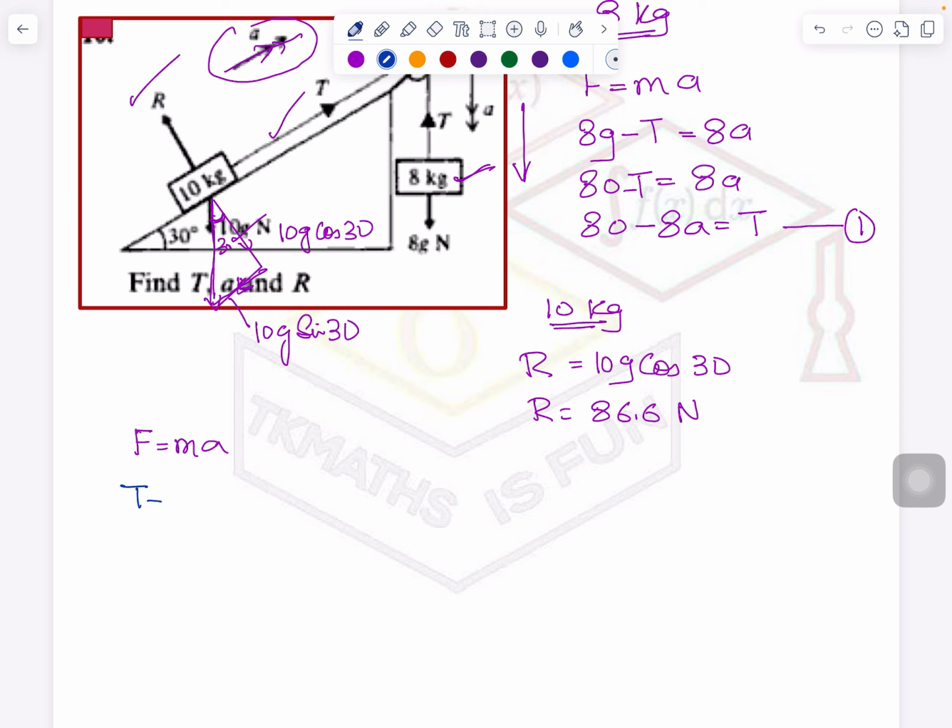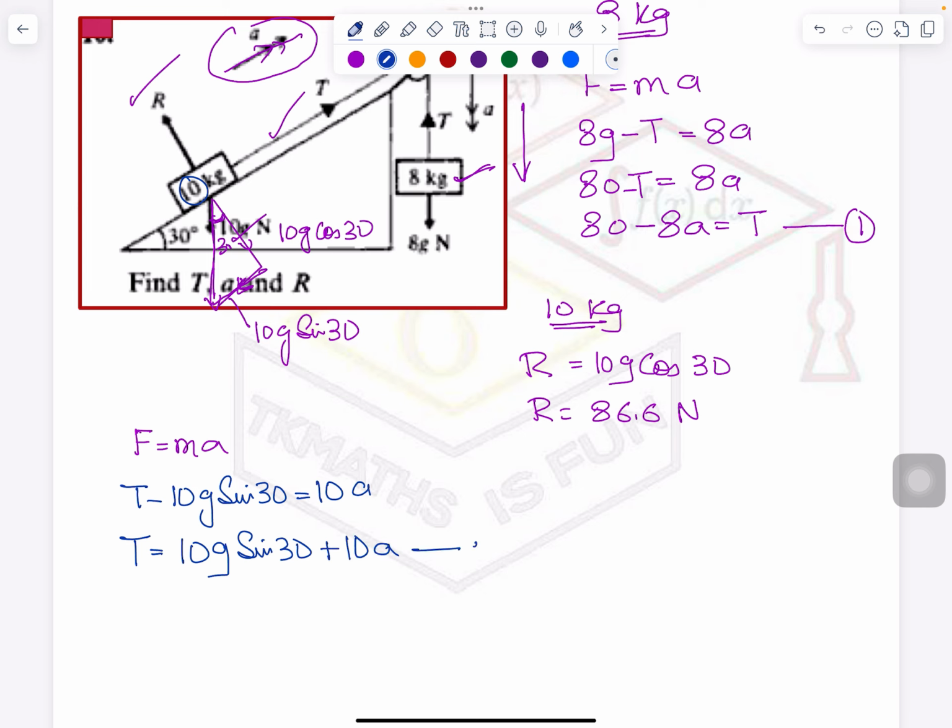T minus 10g sin 30, absolutely right, equals 10a because the mass is 10 kg. So from here I will get this equation also and I will solve them simultaneously then. So this is my equation number 2.